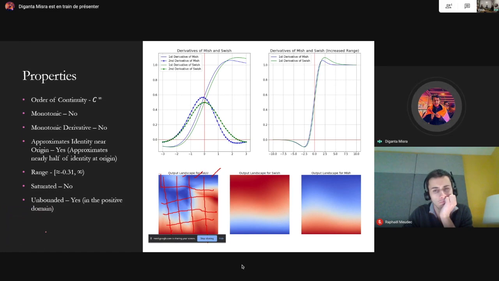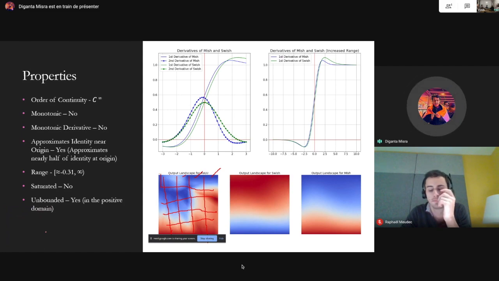So the more important reason why we have approximation of identity near origin is because of f of 0 being 0. For any given null input, which has no real value or no real weight, the activation should always give you 0 in the activated nonlinear output.